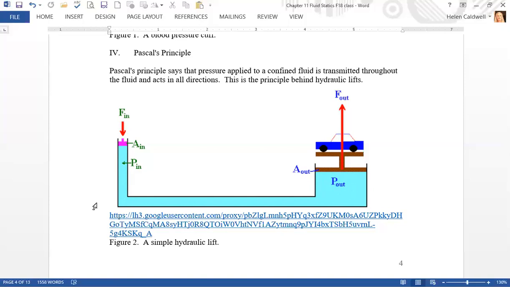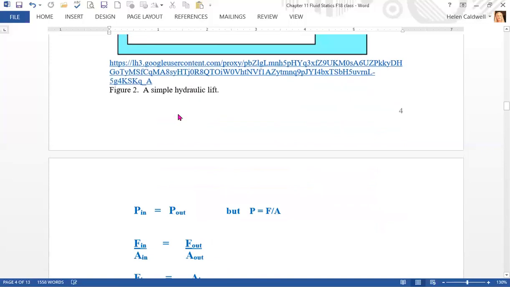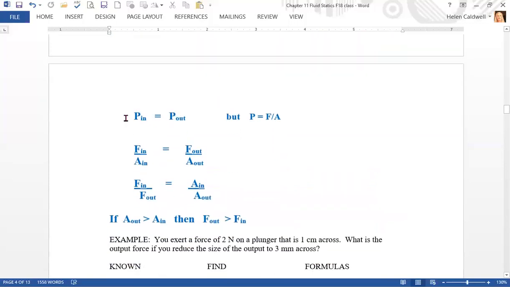Well, what's true for this is pressure in equals pressure out. So even though we've got a little input force, we're going to have a large output force because of Pascal's principle. Let's look at the math behind it. Pressure in equals pressure out, but pressure is force over area. So force in over area in equals force out over area out.